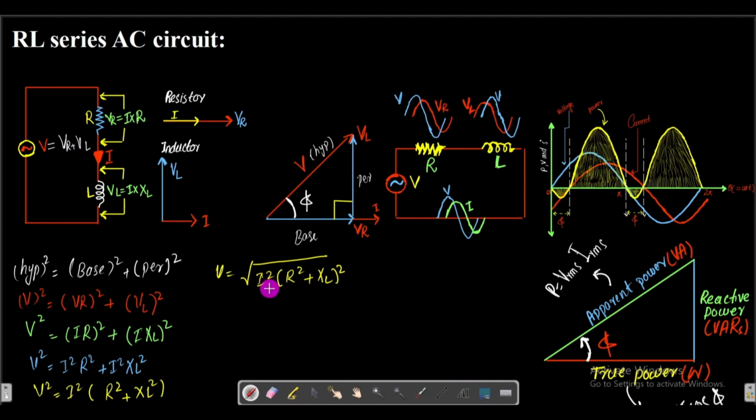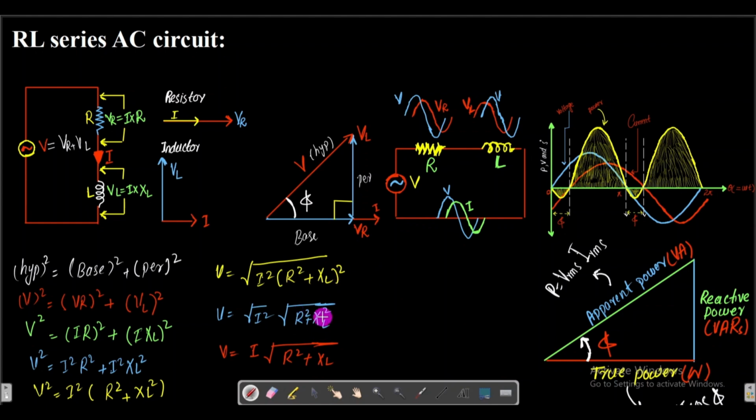Taking the square root on both sides, V is equal to the square root of I square times the square root of R square plus XL square. The square root and the square will be cancelled, and the final equation is V is equal to I times the square root of R square plus XL square.